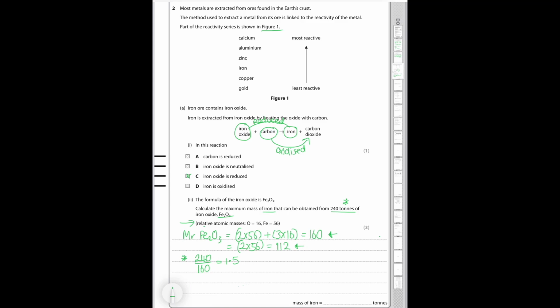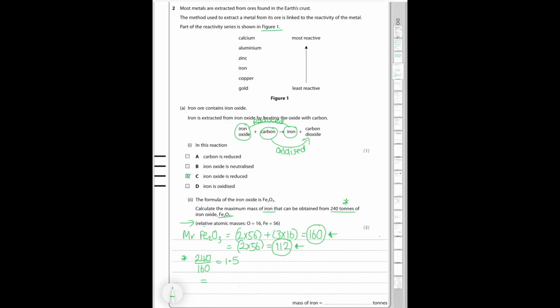So if I times 160 by 1.5, I would have my 240 tons to start with. Now, if I times that by 1.5, that means I would have 1.5 times the mass of the iron that I would get with 160.